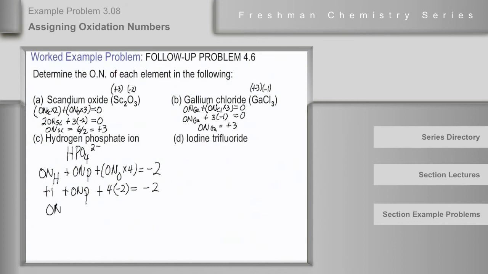So we have the oxidation number of phosphorus is equal to -2, and this will be 8, -8. We change sides. It's +8, -1. So that will be 8 minus 3, or +5. So in the ion, hydrogen is +1, phosphorus is +5, oxygen is -2.